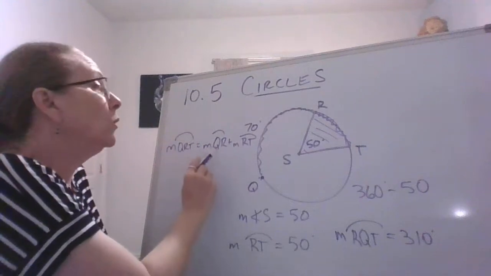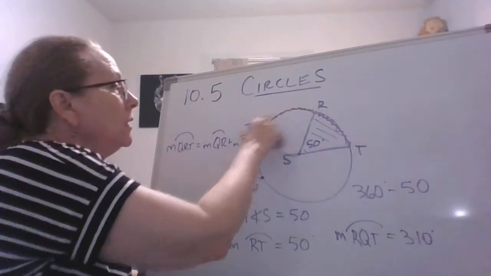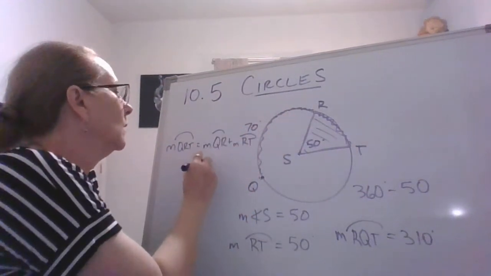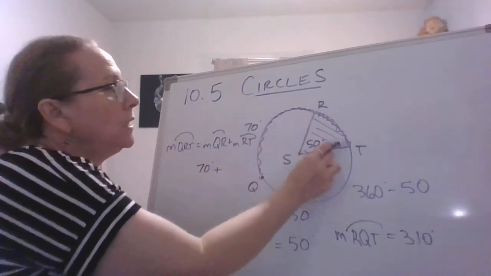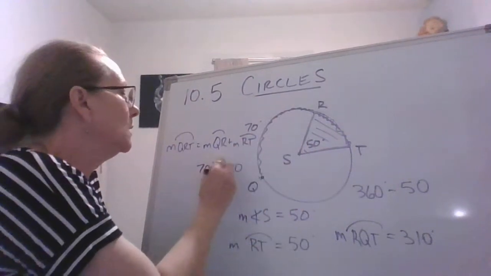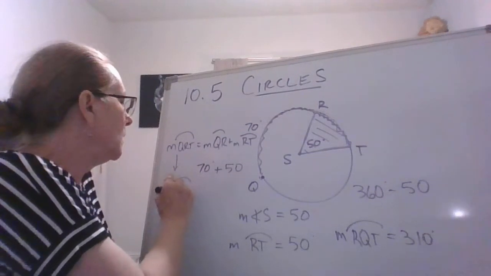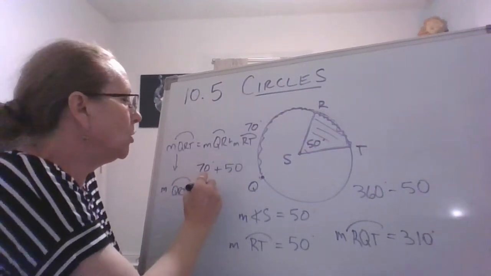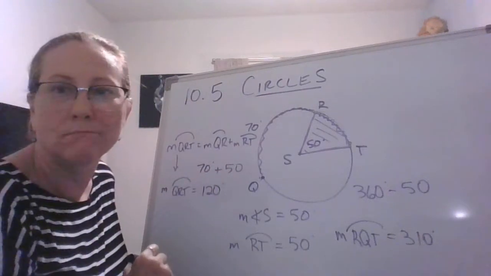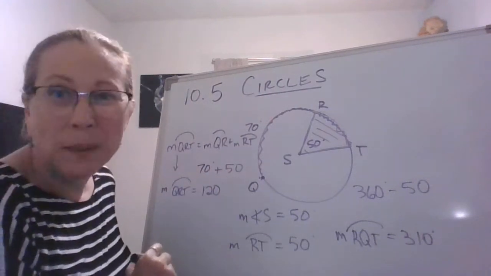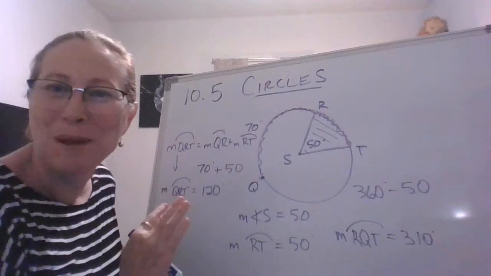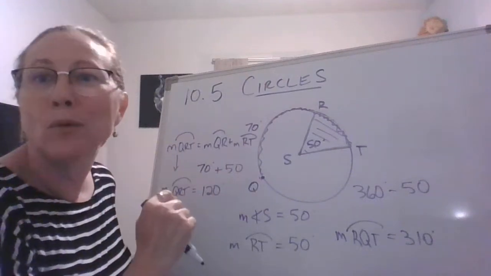Since QR here is 70 degrees and the measure of RT here is 50 degrees, we can say the measure of arc QRT is equal to 120 degrees.